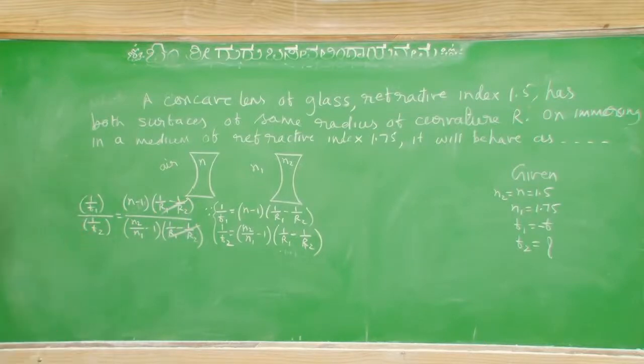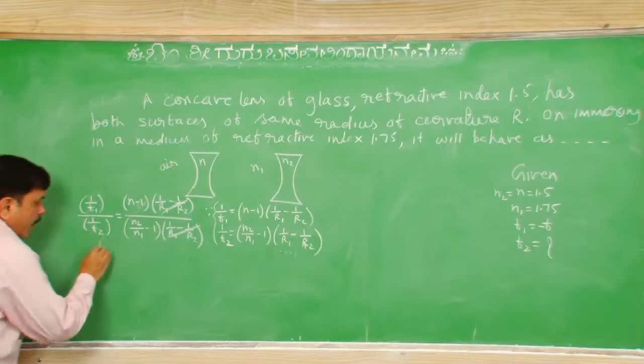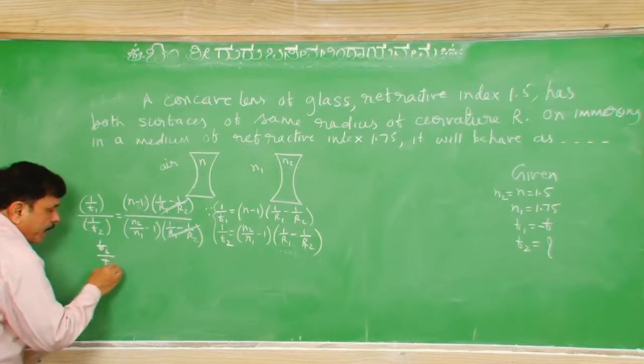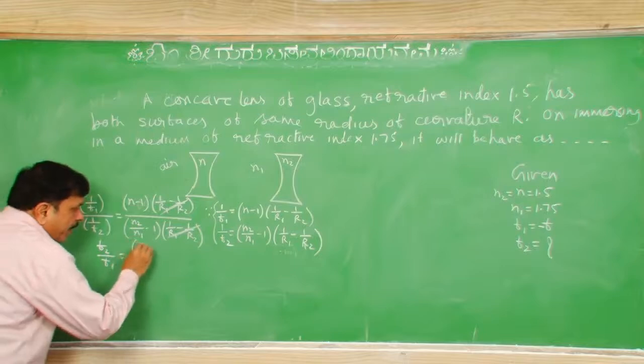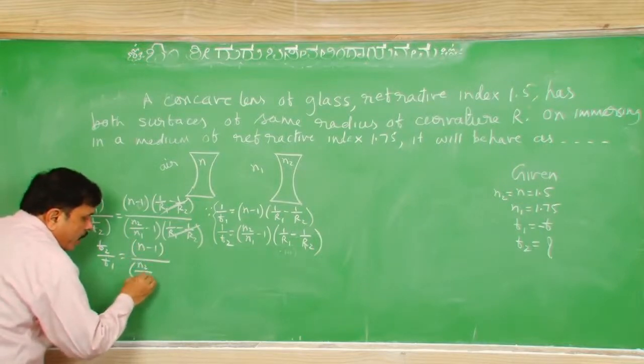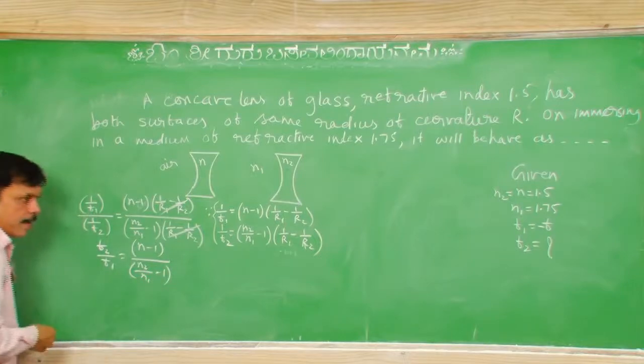These two things cancel. It will become F2 divided by F1 equal to (n minus 1) whole divided by (n2 by n minus 1).